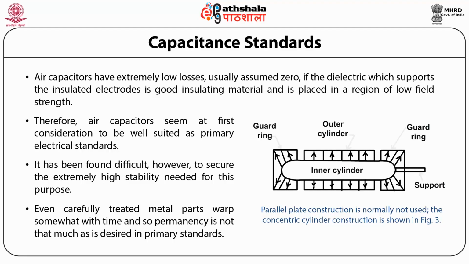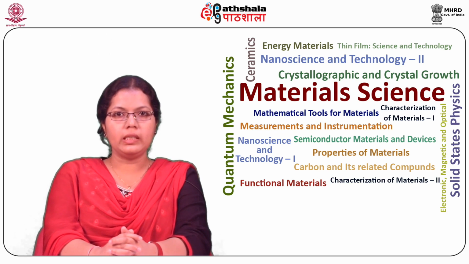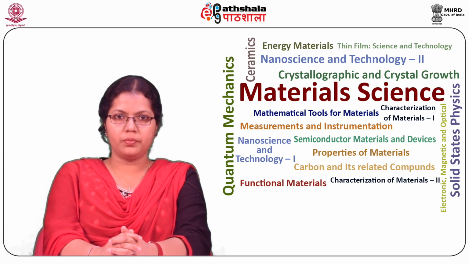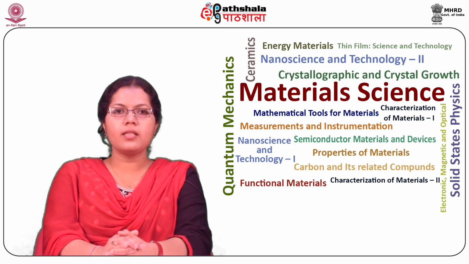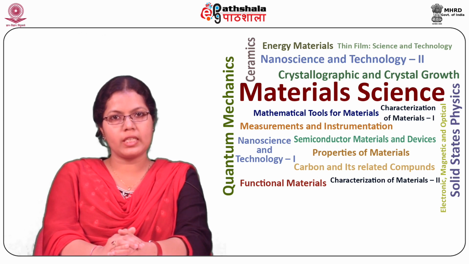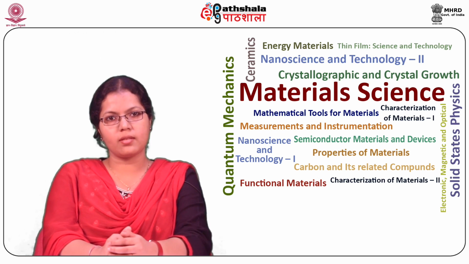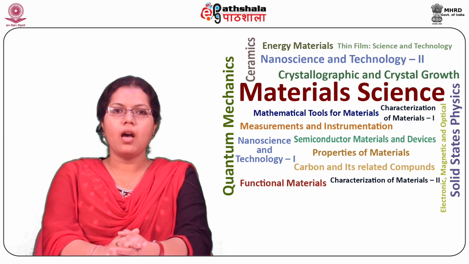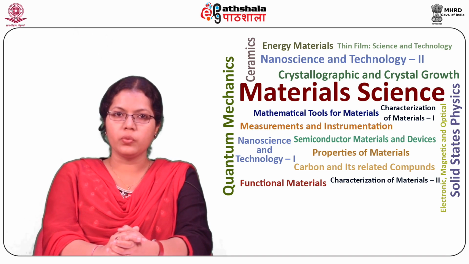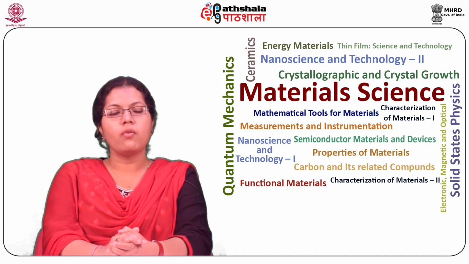So students, let us summarize what we learned in this module. In this module, we studied the various circuit components such as resistors, inductors, and capacitors. We discussed that the resistors are extensively used in instrumentation systems and for measurement work.